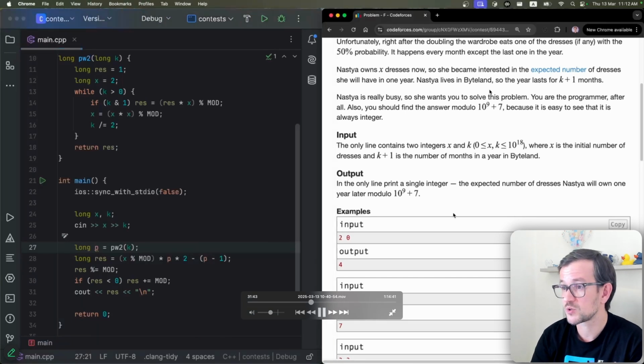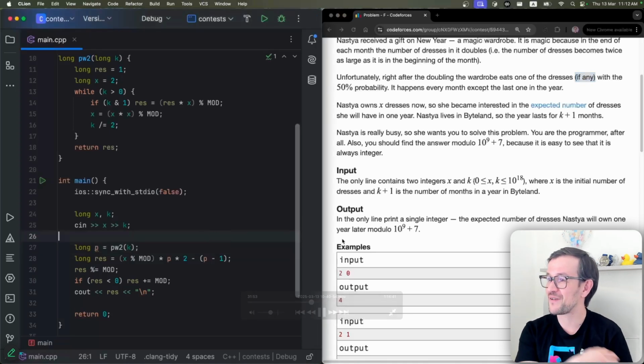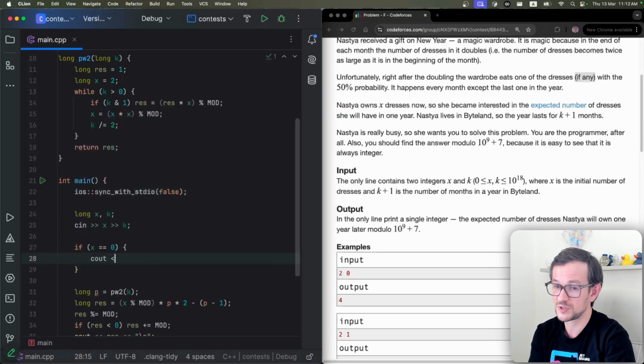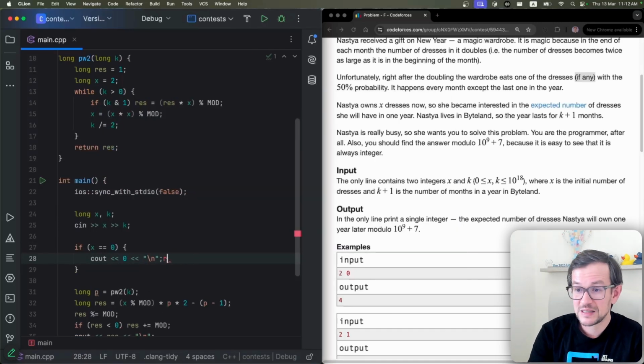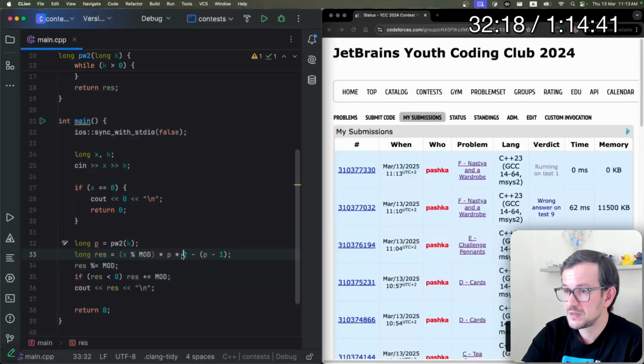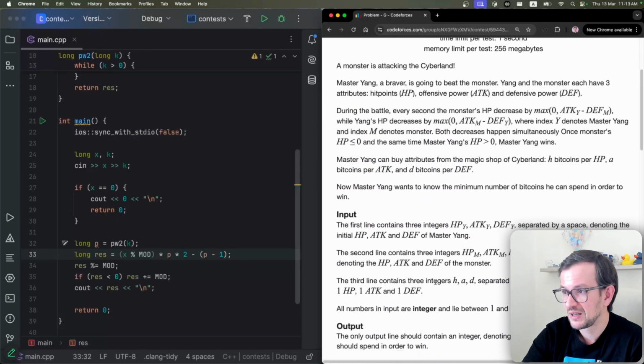So I'm removing elements, and I have 0 elements. Okay, so here I find this in the problem statement. You need to output 0 because you cannot remove any elements if you have none. That's it. So that was the mistake. I make a lot of mistakes today, but again, happens.